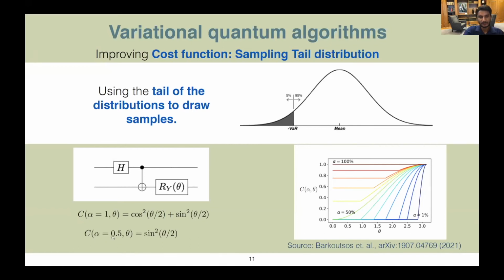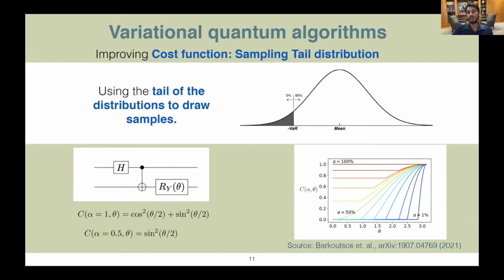But for alpha 0.5, the cost function takes all the values between 0 and 1. So for the partial distribution, alpha 0.1, one is able to explore more space of the parameters.